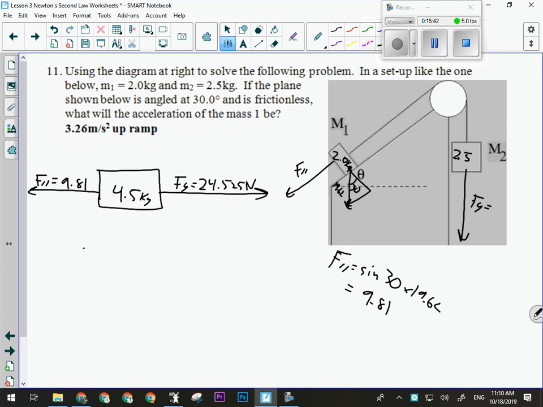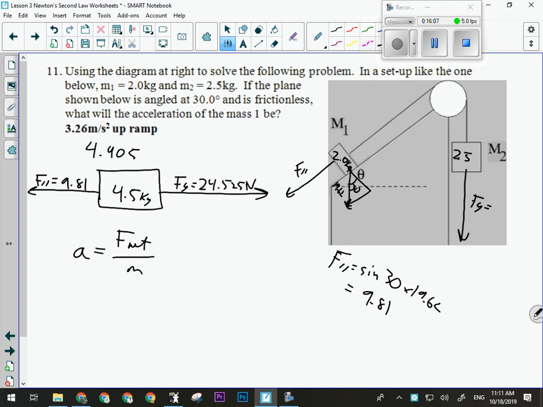All right, so if we're going to find the acceleration of the system, we need to know F net, and we need to know what else? Mass. Well, we have mass. F net's not going to be hard to find because here are the two forces that add up to F net. 24.525 minus 9.81 should give me 4.905, yeah? No?